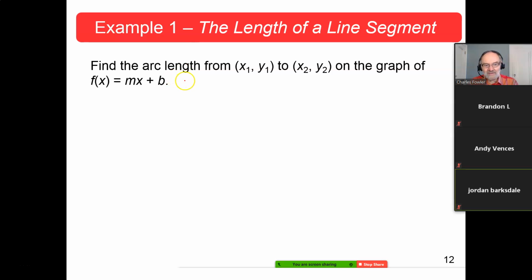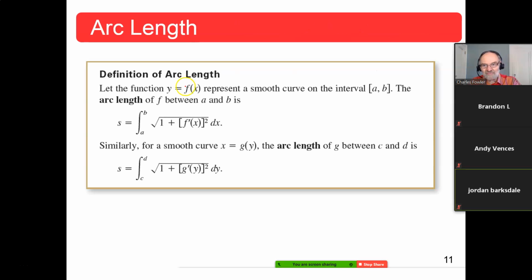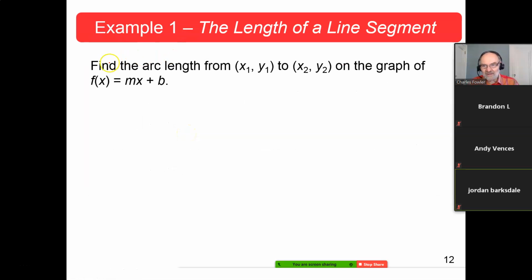What's the first thing you've got to do? Take a derivative. All right, so let's do that first. If f of x is mx plus b, f prime of x is equal to what?